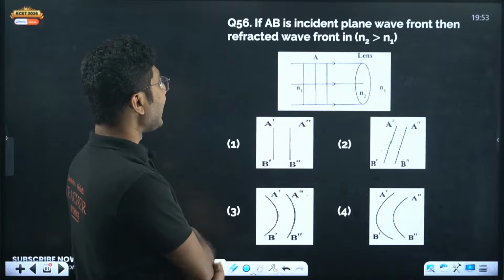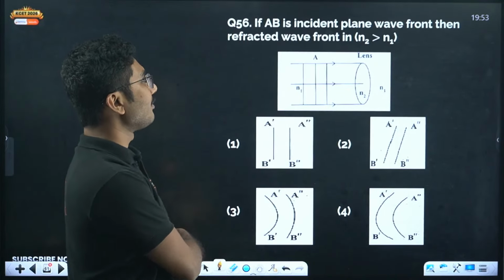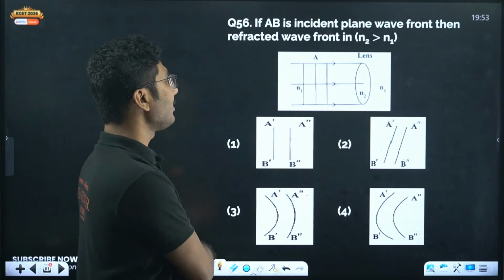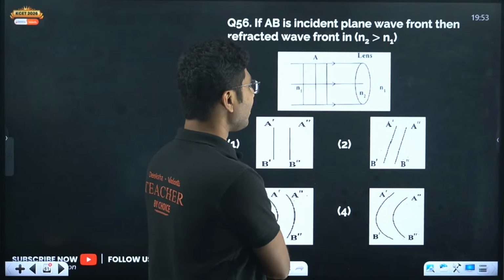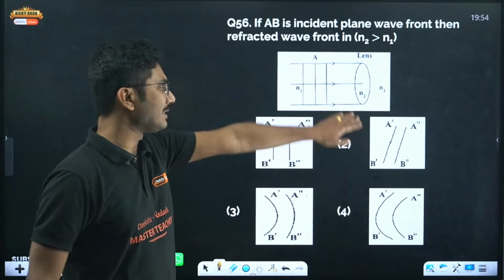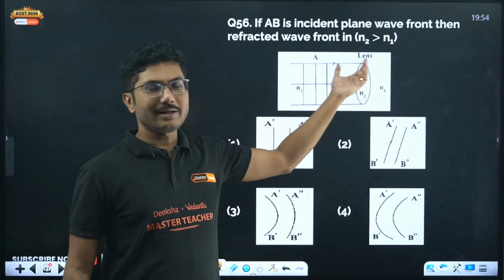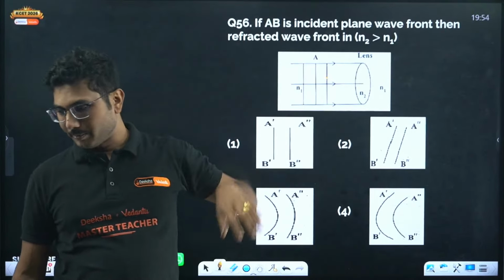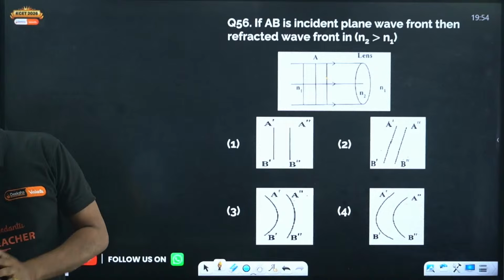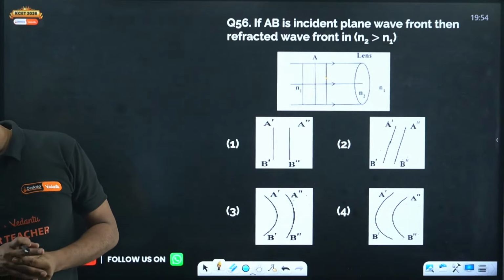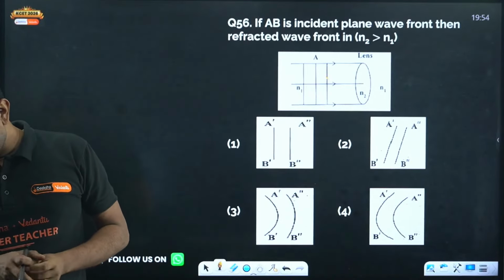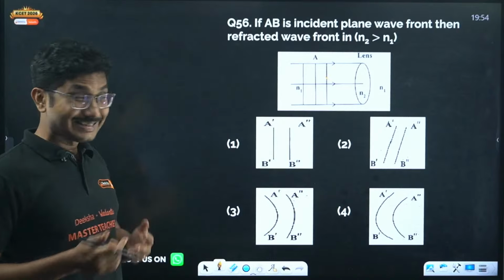Let's see. AB is the incident plane wavefront, then the refracted wavefront. Here n2 is greater than n1. So basically outside is air, inside is a glass medium. Which one is correct? Kunal is saying 3, Kishan Gowda is saying C, Tanjiro is also saying 3. So let's see.